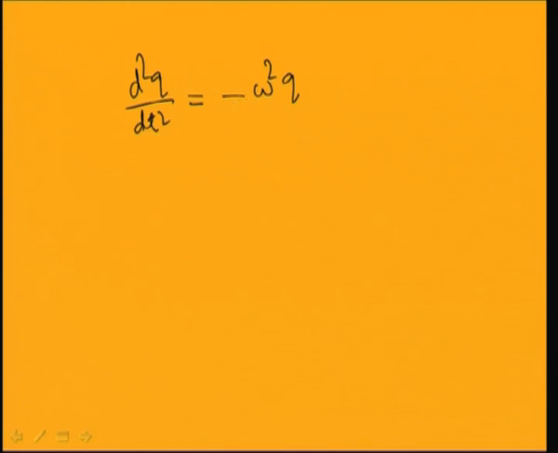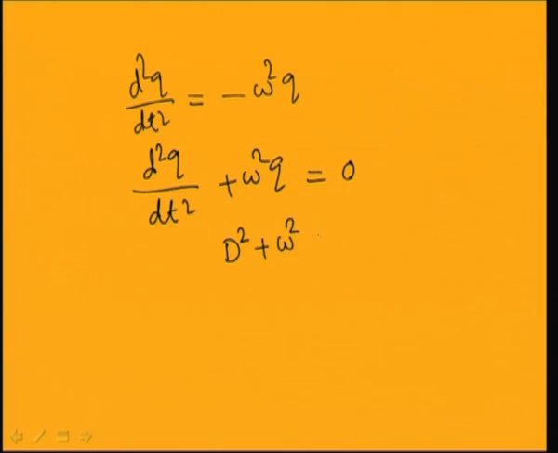So, if I am taking this as minus omega square, this equation can be written in this form, d square q by dt square plus omega square q will be equal to 0, and the auxiliary equation in this case becomes d square plus omega square equal to 0, or the roots will be d equal to plus minus i omega.